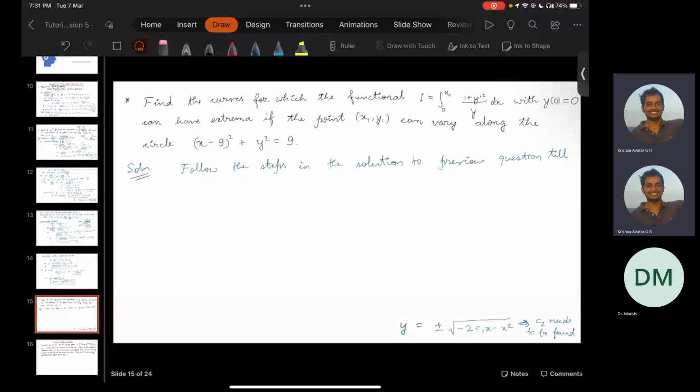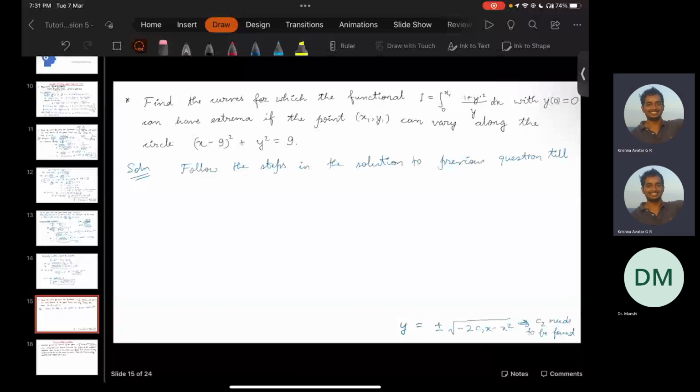Use the well-known trigonometric identity, cos squared xi plus sine squared xi is equal to 1. So our goal is to take x minus 9 by 3 equal to cos xi, and y by 3 equal to sine xi.